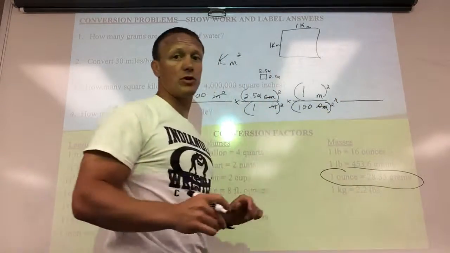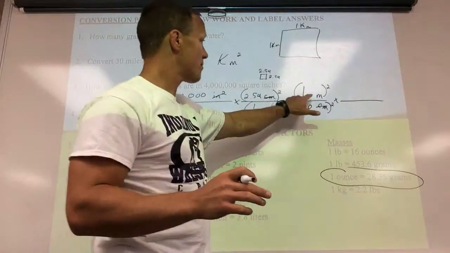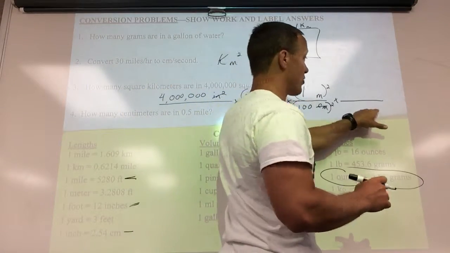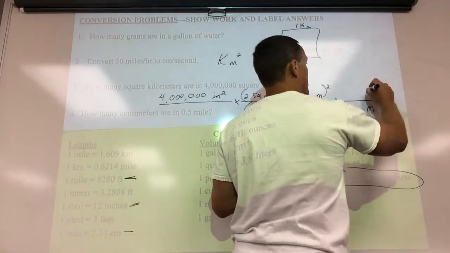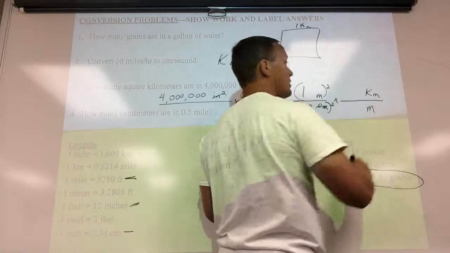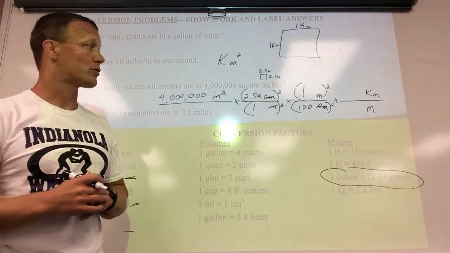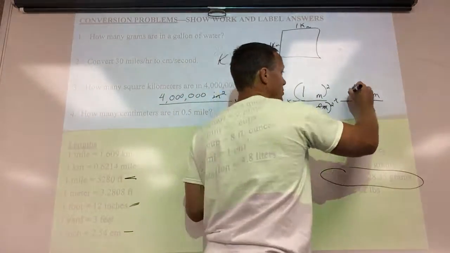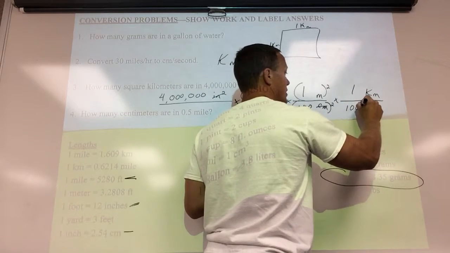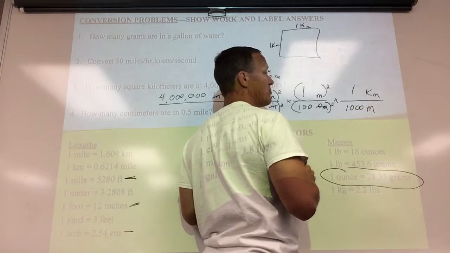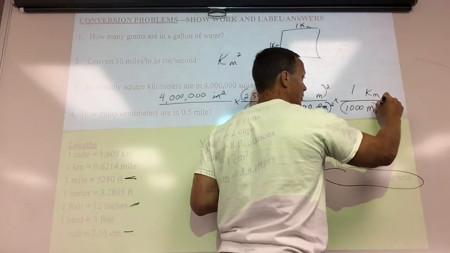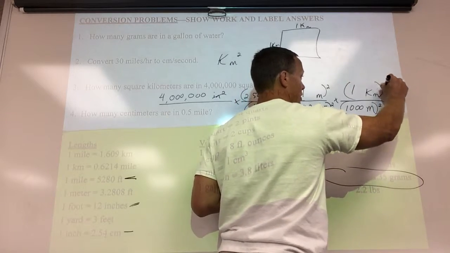Still not to kilometers squared yet. Again, meters is here. It's the only unit I have left, so it's got to go on the bottom. And we should be able to go from the base unit to kilometers. And a kilometer is 1,000 meters. Again, if I want to square it, I got to square the whole thing.